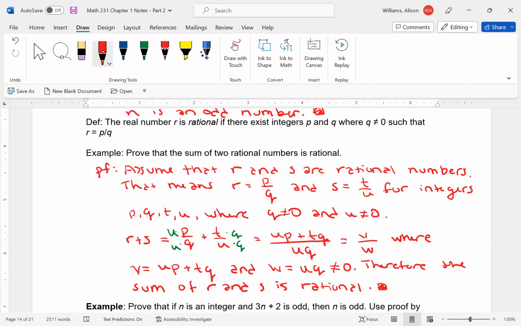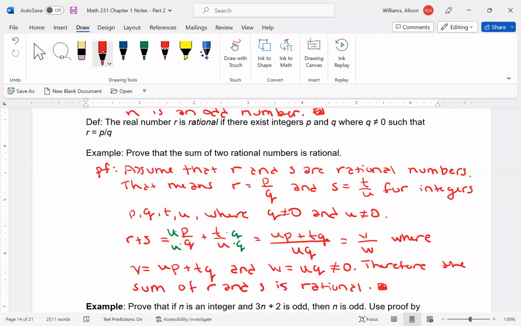Because I've chosen these to be just some random rational numbers, I have proven it's true for every single rational number out there. If I add them together, I can do the same process of getting an LCD or a common denominator, adding them together and creating a new rational expression. It's just labels. We're just putting labels in and making them fit the definitions.